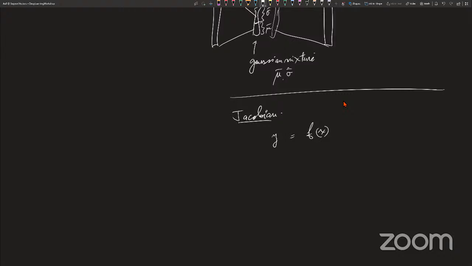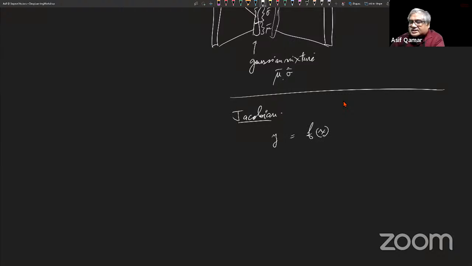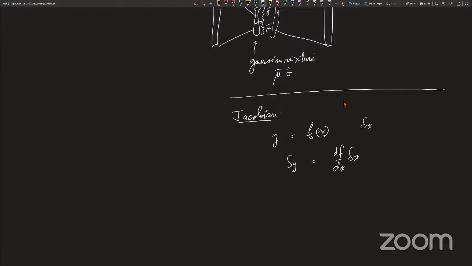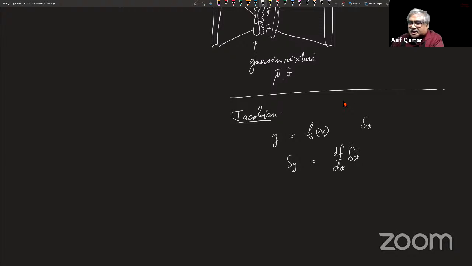So now the sensitivity to a small change in delta x, you'll give it simply as delta y is equal to df/dx times delta x, isn't it? Right? This is very straightforward, a small change in that. So now suppose y is a function f(x1, x2).